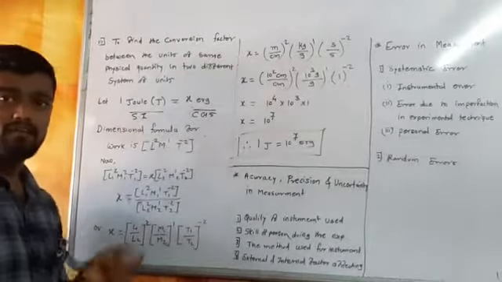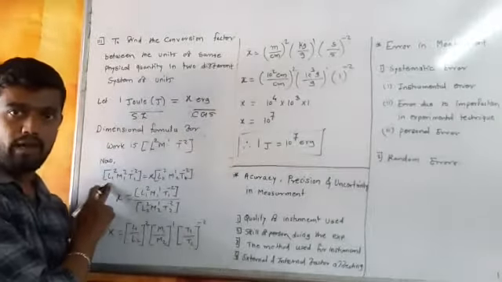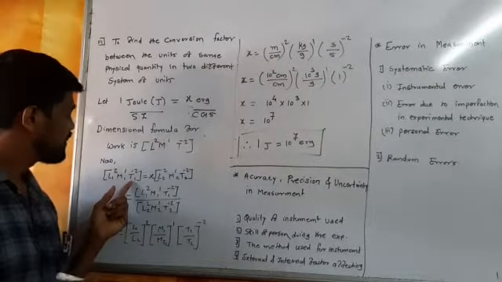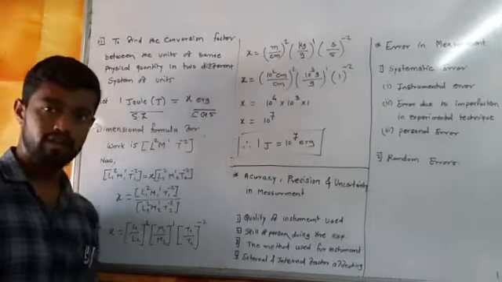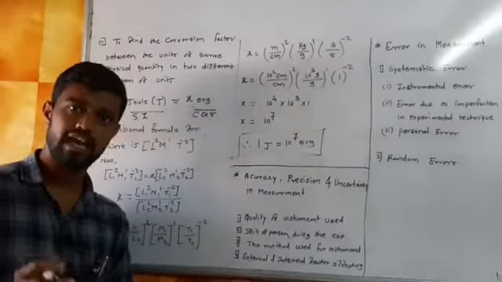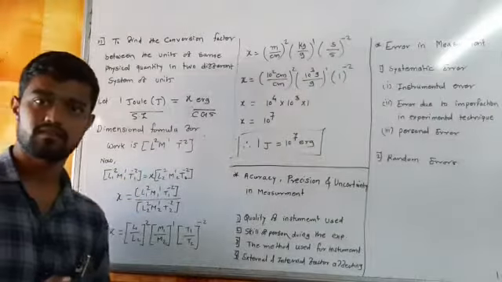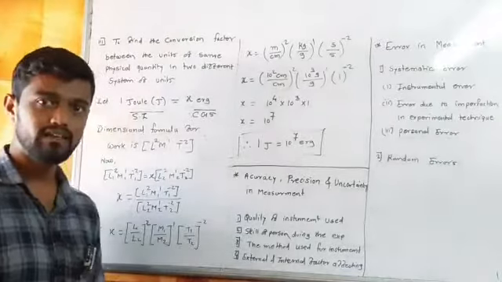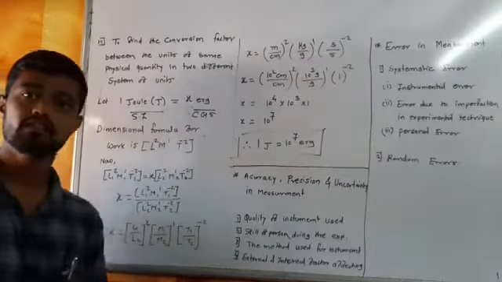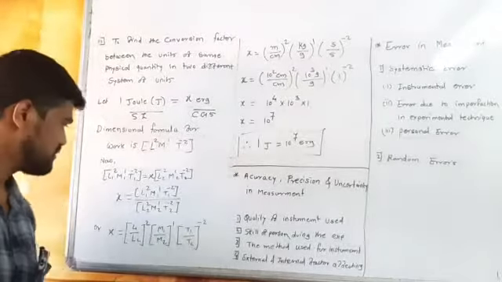So for SI, my dimension is L1 to the power 2, M1 to the power 1, and T1 to the power minus 2. The suffix 1 on L, M, T defines the SI unit, and the suffix 2 defines the CGS unit.